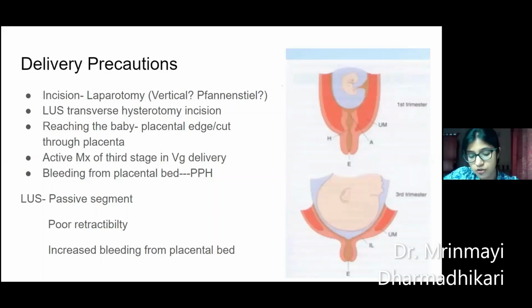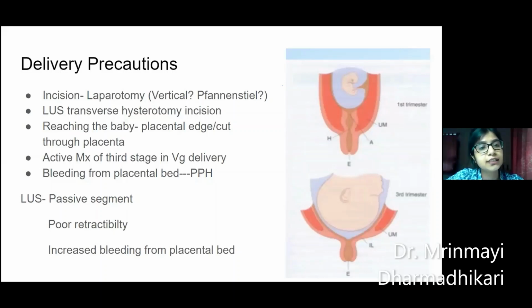However, those surgeons who are more used to doing a Pfannenstiel incision as routine in any other cesarean section have argued that they are more comfortable with the Pfannenstiel incision, and their entry into the abdomen is faster with it because they have been doing it regularly. So this again depends upon the surgeon's preference.